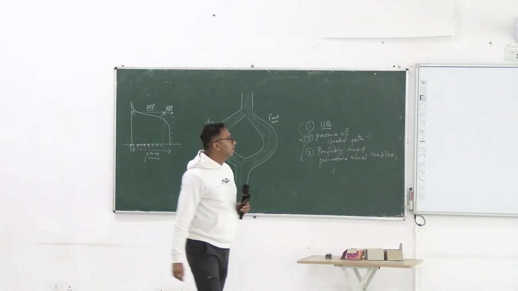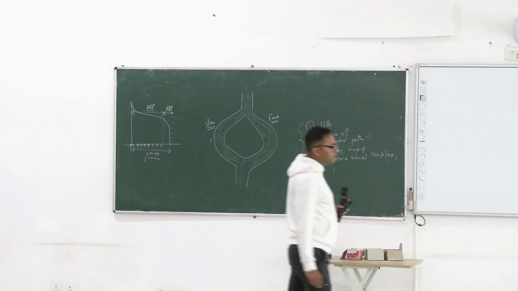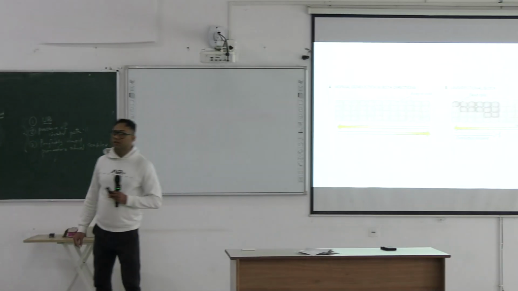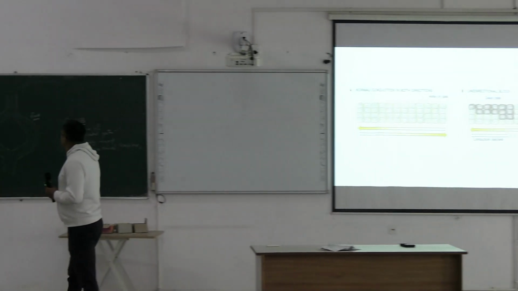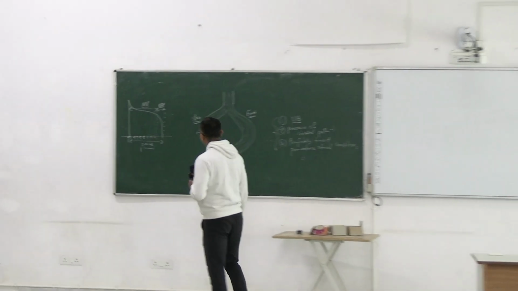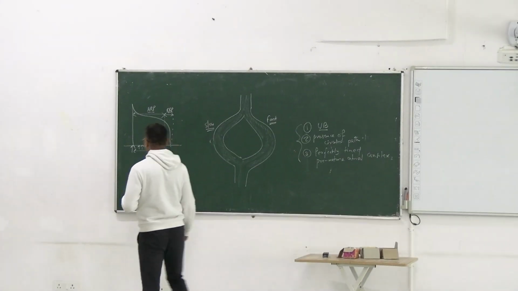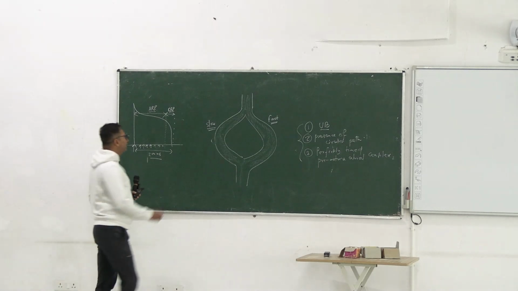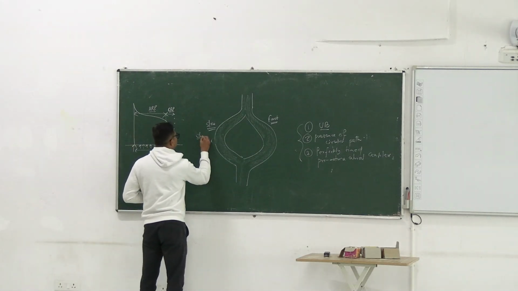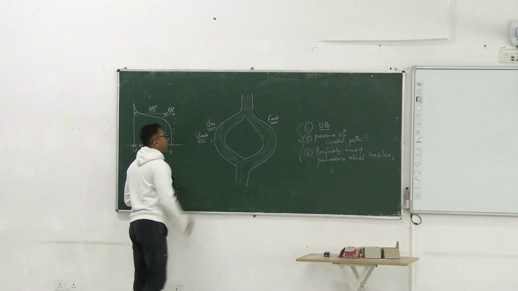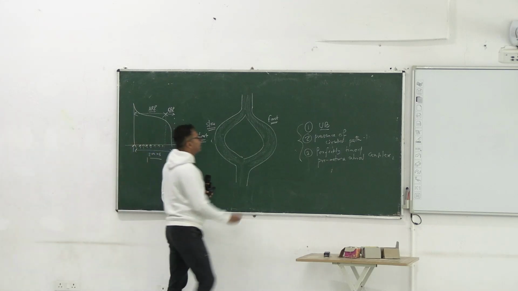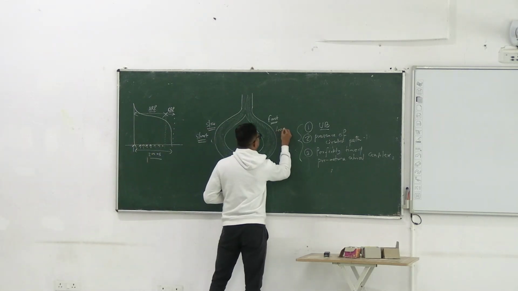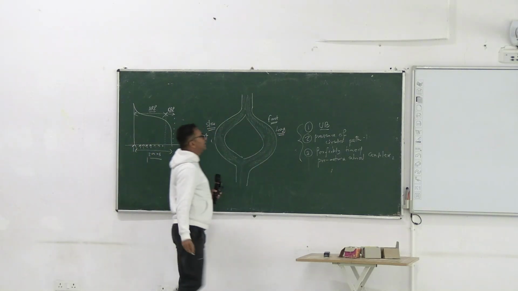Okay. Now what happens in slow pathway and what happens in fast pathway? A slow pathway has a short refractory period, okay, and the fast pathway has a long refractory period, right?